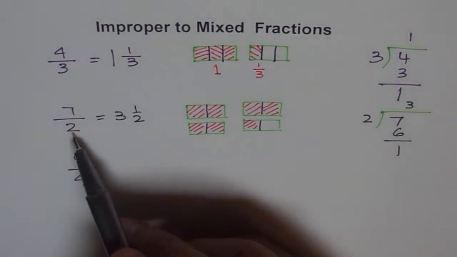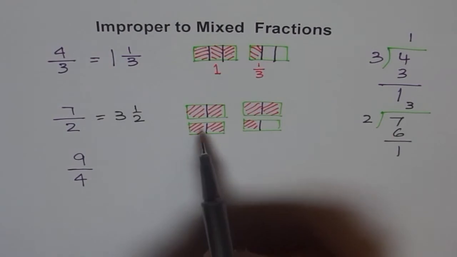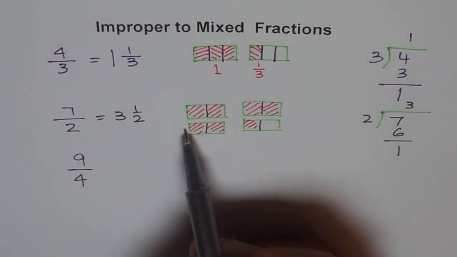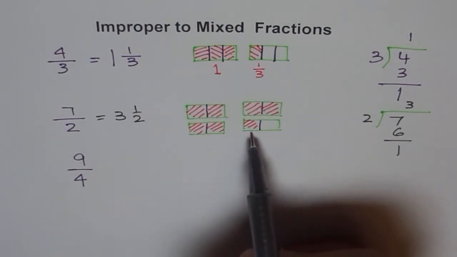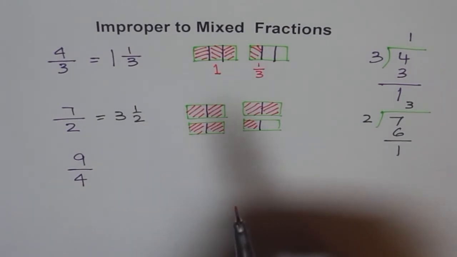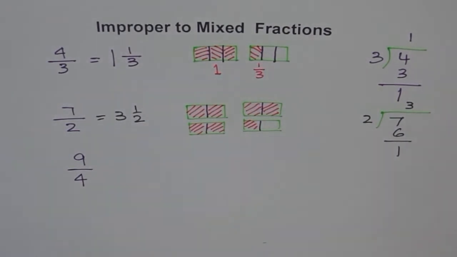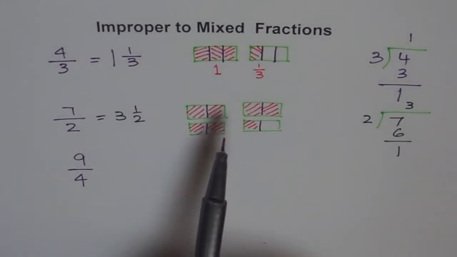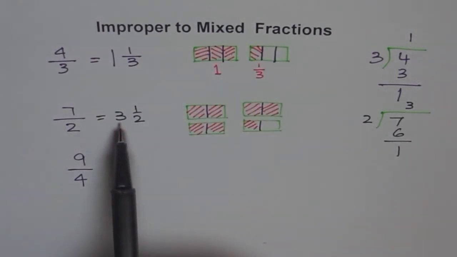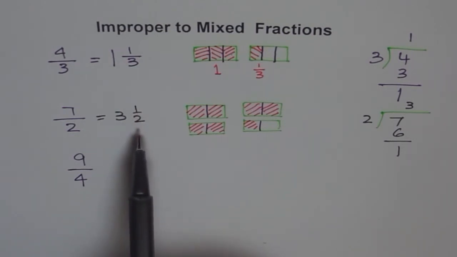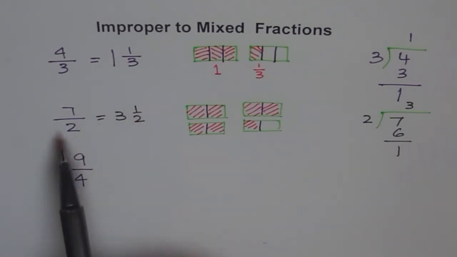So we got 7 out of 2, 7 halves. And 1 full, 2 full, 3 full and a half: 3 and a half. Do you see that? That is how we understand an improper fraction, and this is the way to write it as a mixed fraction: 3 wholes and a half. 3 and a half becomes 7 over 2.